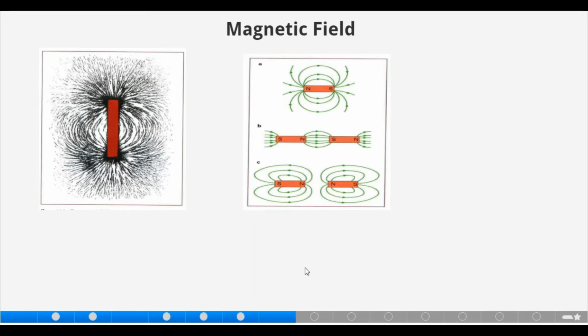For B, you can see the attraction between the north and the south poles of the two magnets. That is an attraction. While for C, you can see that the north poles are facing each other. That is to tell us the repulsion between two bar magnets.